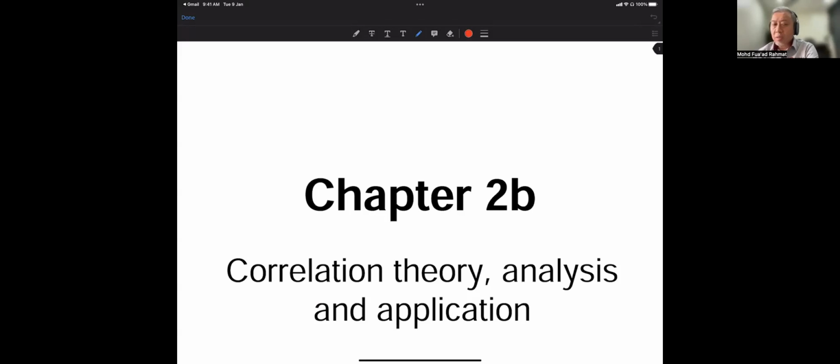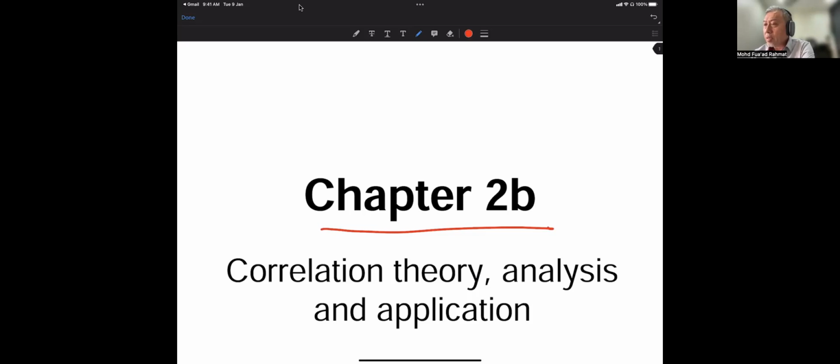Okay, today our lecture will be continued on chapter 2B, which is correlation theory and analysis and some applications, after we already looked at the impulse and time response identification plus frequency response identification last week.